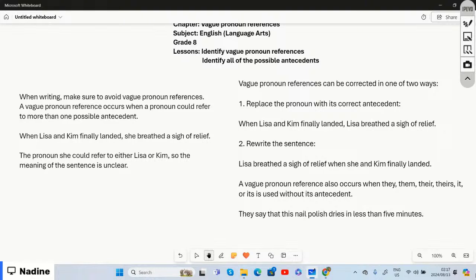All right. So once again, when we are writing, whether you're writing a story or an essay, you need to make sure to avoid all vague pronoun references within your writing.